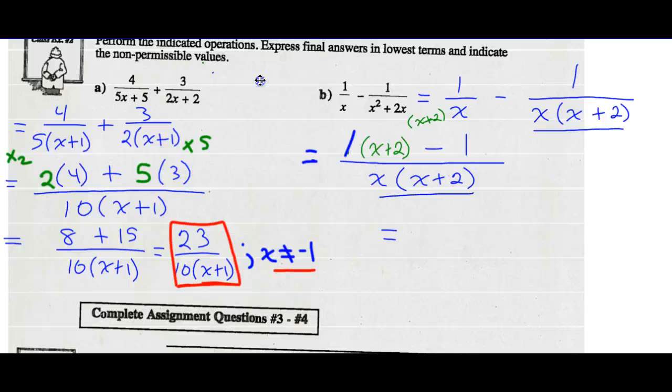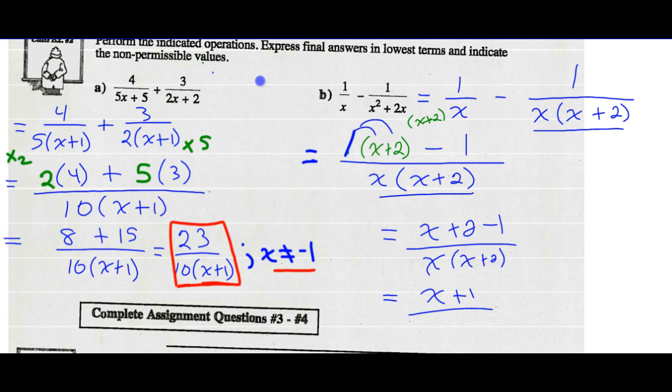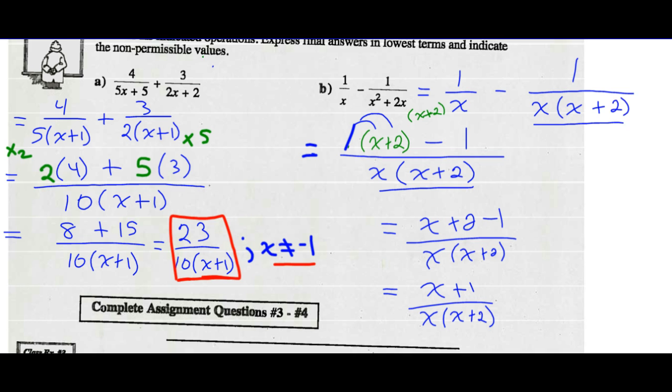Let's simplify these. 1 times x is x, and 1 times 2 is 2, minus 1, all over x times x plus 2. If I simplify this, x plus 2 minus 1 is like saying x plus 1 over x times x plus 2. State our non-permissible values now.